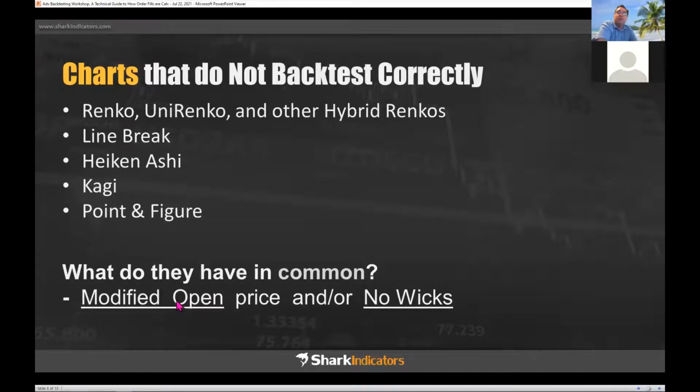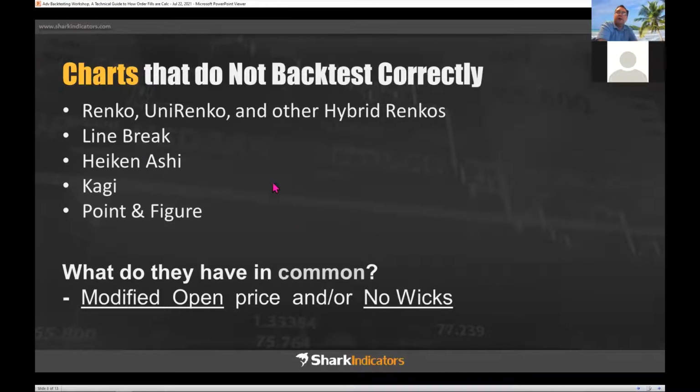So if you're modifying the open price, then you're going to be skewing your back test results. Also, a lot of these bars are missing wicks as well. Without the wicks on the bar, the charting platform isn't able to determine if your profit target or your stop loss was filled by a wick.